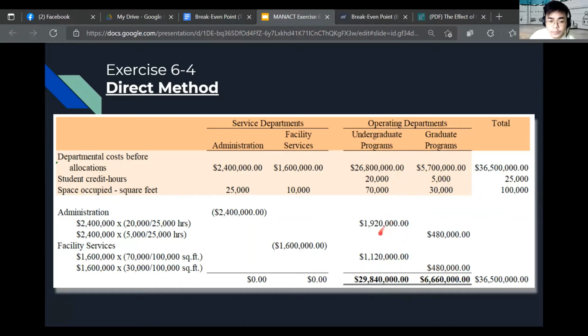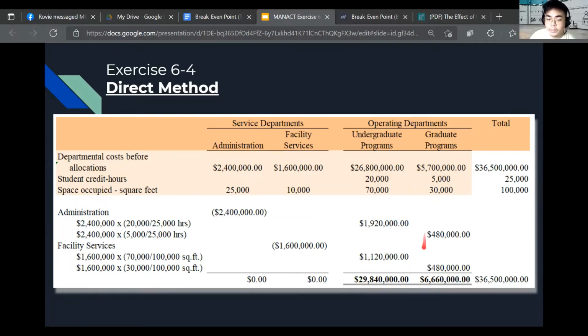So to total it, we add the initial cost before allocation in the undergraduate program, 26,800,000, and you add the allocated cost from the administration and the facility services. We have the total of 29,840,000.